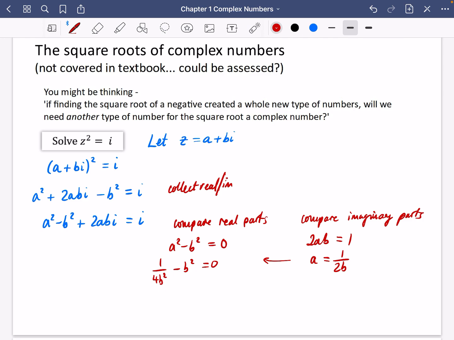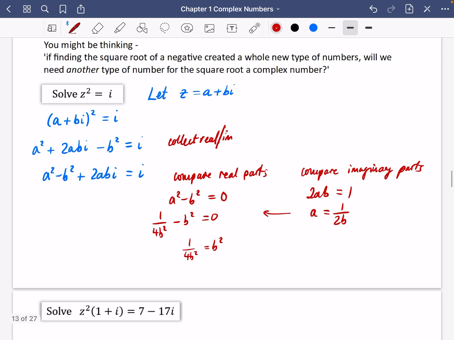So I then get that 1 over 4b squared equals b squared. I'm going to multiply by 4b squared, so I get 4b to the power of 4, and so I get a quarter equals b to the power of 4.